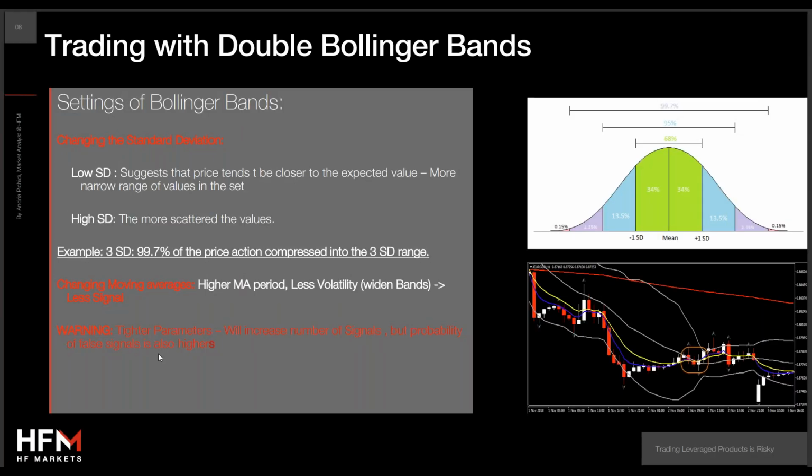Now, okay, by default the Bollingers is set at 20, 2, okay? So 20 is the value of the simple moving average, and 2 is the standard deviation that is used.